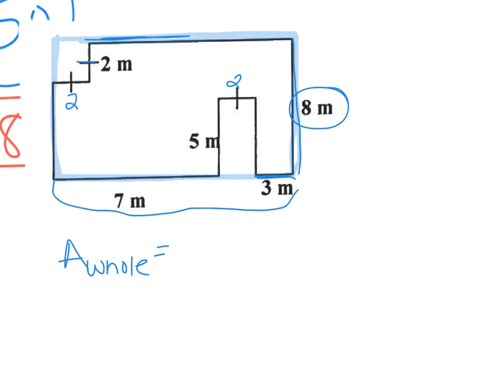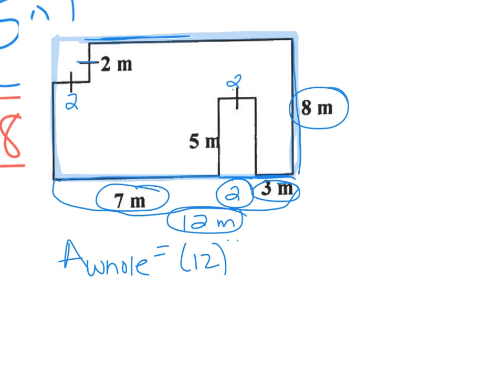You have 3 plus 2 plus 7. So 7, 3, and 2 is 12 meters altogether. So my whole length is 12, base 12 times height 8. 12 times 8 is 96. So my whole is 96 meters squared.